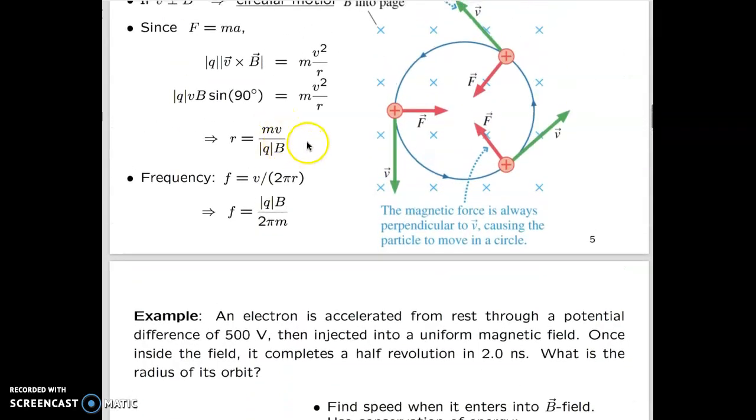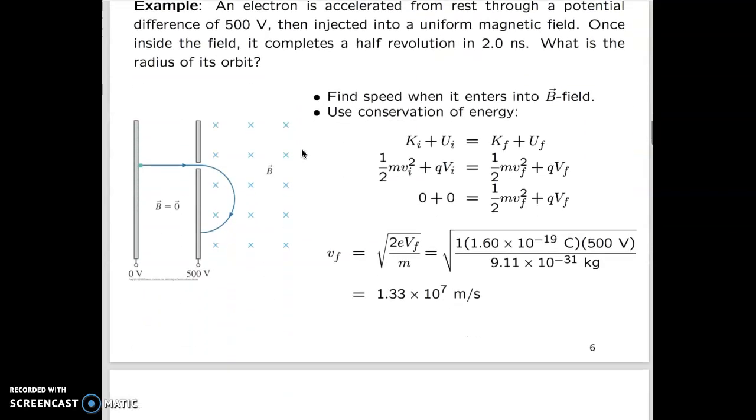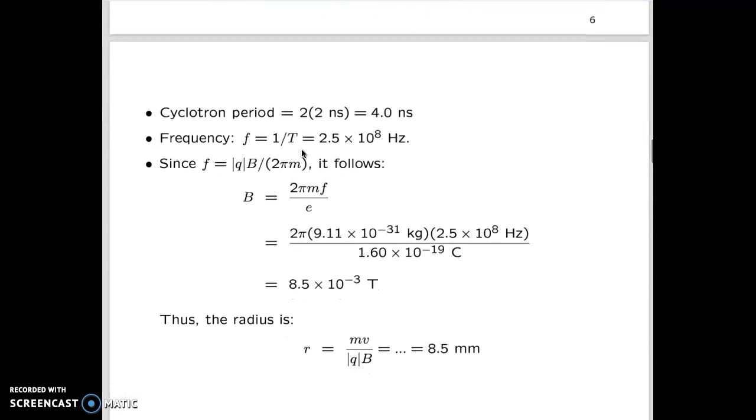Okay, where do we get the radius from? Remember this equation here, I didn't label it, but we discovered earlier that the radius is mass times speed divided by magnitude of the charge and magnitude of the magnetic field. So that's the equation that we end up using. And down here, this is where we use it. Again, we know the mass of an electron, right?